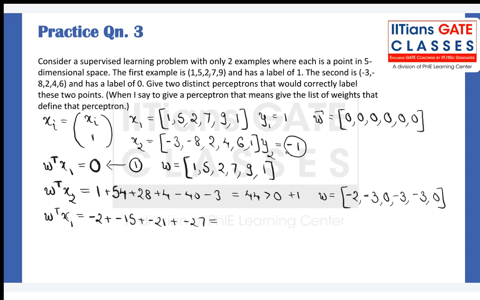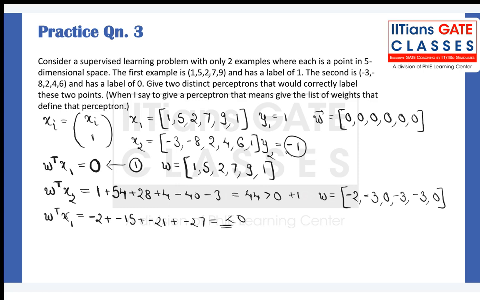Then you see that this is also less than 0, so you'll have to add x1 to it. This one is oscillating, so if you go through this set of data points again and don't find a solution after some iterations, you can say that it is not linearly separable.